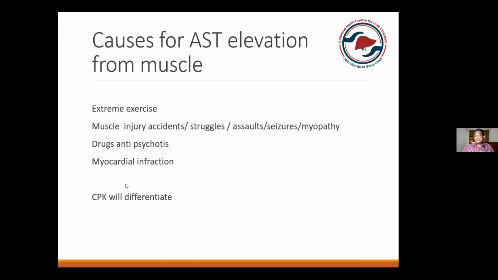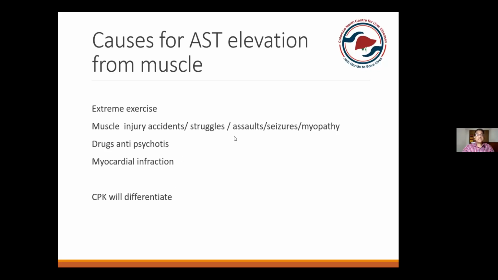Then in myocardial infarction, we used to test AST as a marker of myocardial infarction when we were medical students. So now we do troponin I or troponin T, but many decades ago, it was SGOT. CPK will differentiate muscle AST from liver AST.